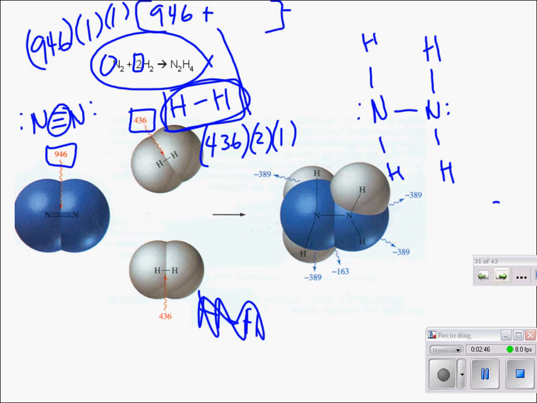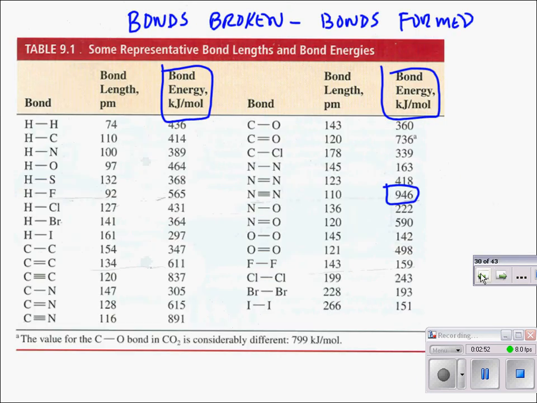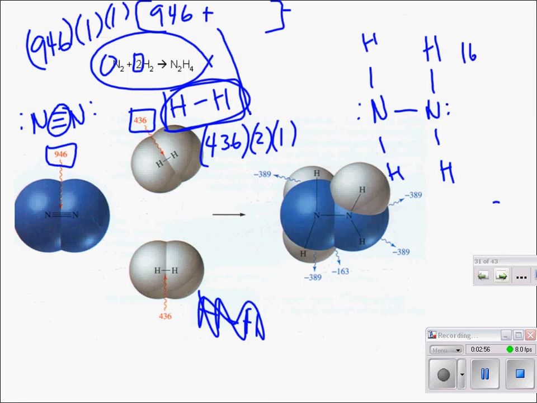Do the same thing on the other side. I first look up nitrogen, a single bond. When you go over here, nitrogen single bond is 163. So I put 163 for this. The coefficient for the molecule is 1, so I put 1 right there, and there's only one bond in the structure. The only other bond I have in this molecule is an N to H bond, and it's 389. Oops, I put negative 163, whoops.